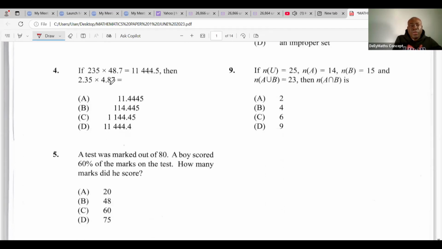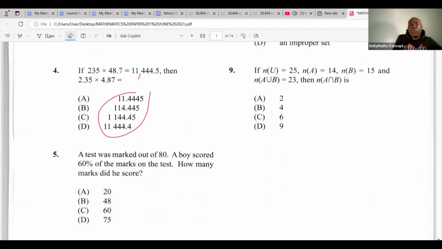4. So number 4 says 235 times 48.7 is equal to 11,444.5. Then 2.35 times 4.87 is what? Now, as you could see, we're not going to multiply this because you could see that all the digits are very similar.